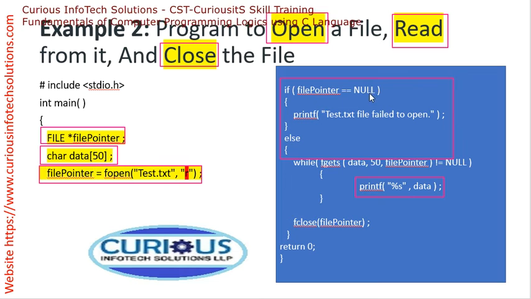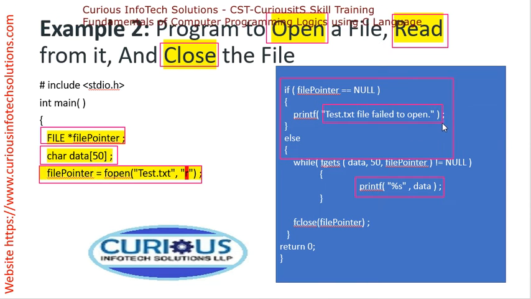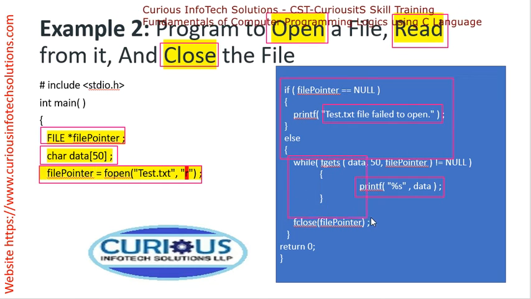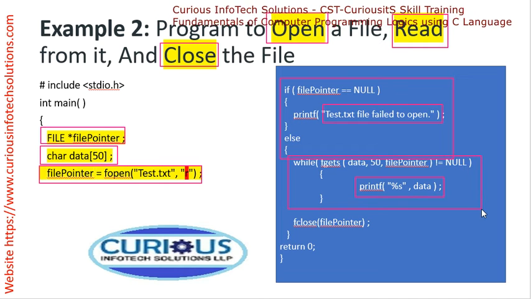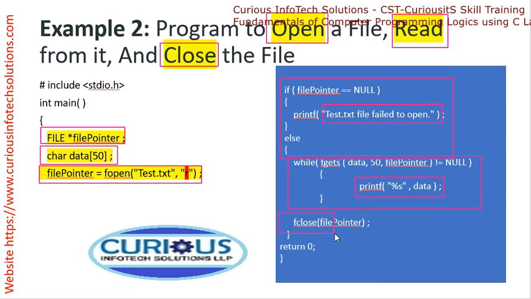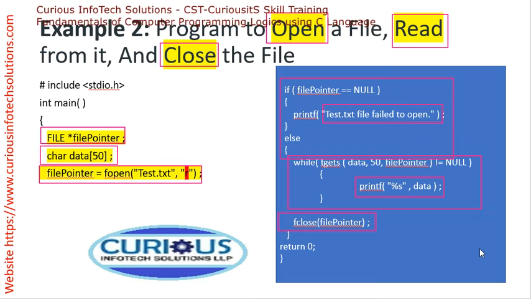If it is null, it means your file failed to open. If not, then we do our reading. We are reading up to the end of the file, and after completion of the work we will close this open file. Okay, so likewise each and every statement has a very meaningful concept.